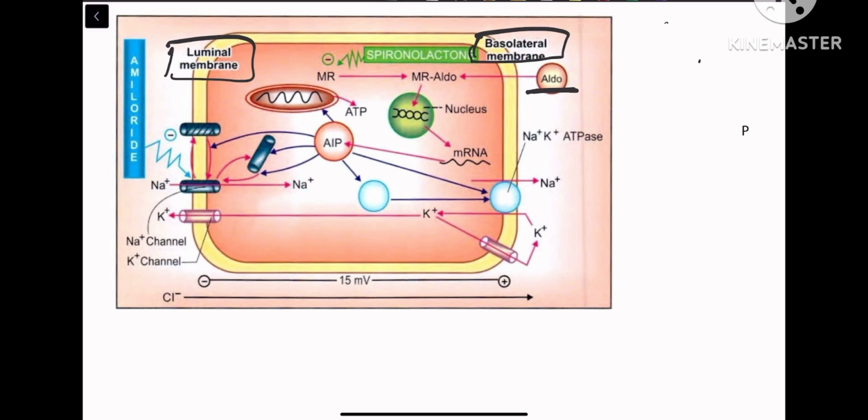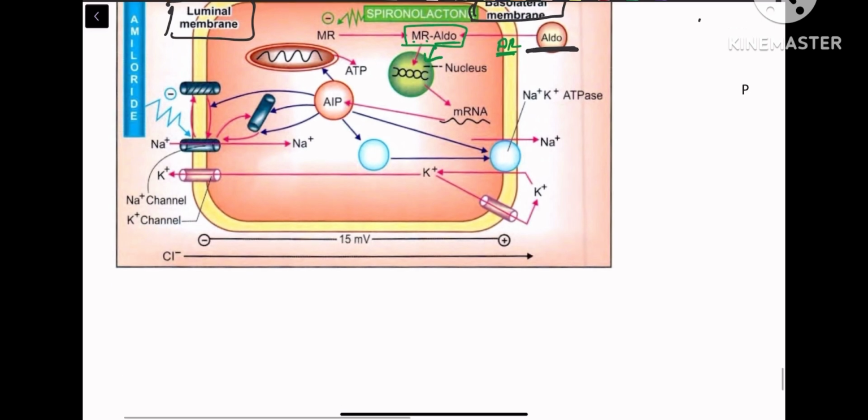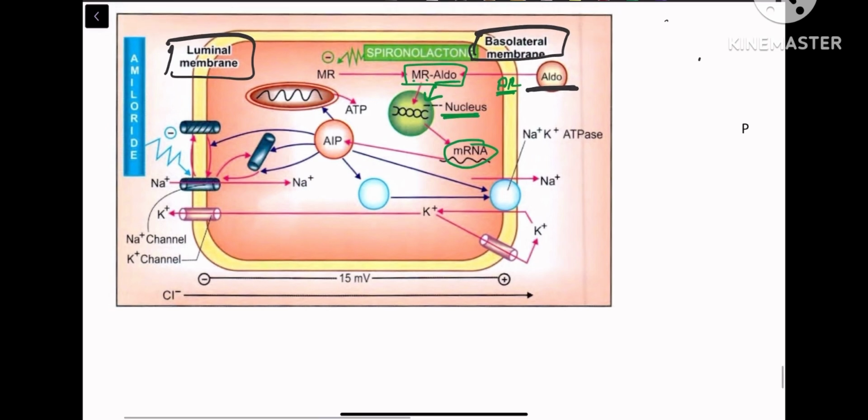Aldosterone acts on the aldosterone receptor and also binds with the mineralocorticoid receptor, forming the mineralocorticoid receptor aldosterone complex. This complex is transported into the nucleus and forms the mRNA. This mRNA directly forms the AIP.